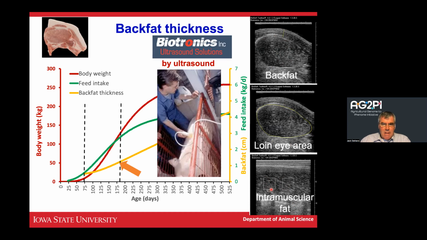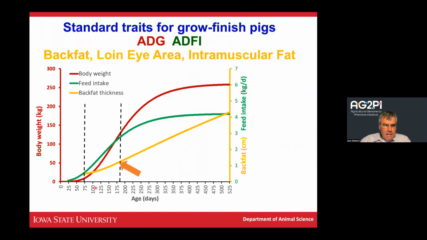And so that's being employed in the industry on a regular basis. And of course, that's needed in a breeding program because you don't want to slaughter your breeding animals. So a typical back fat curve would look like this, but because it's quite time consuming, it's only really measured at the end, just before slaughter. So that's where we get back fat.